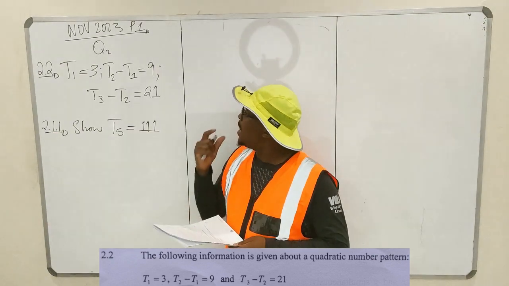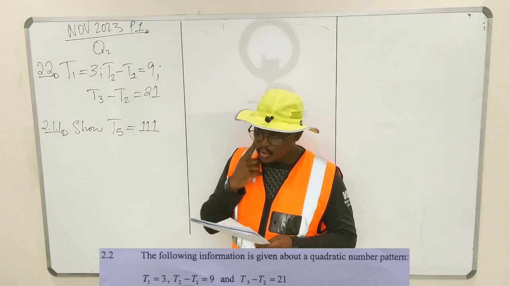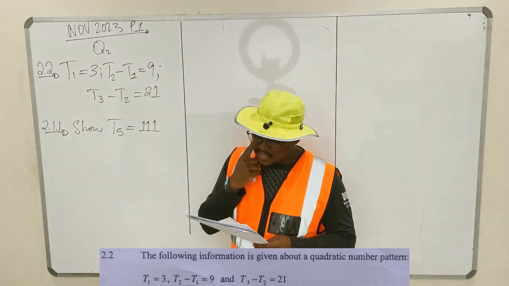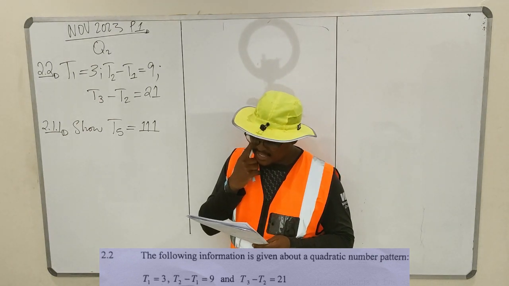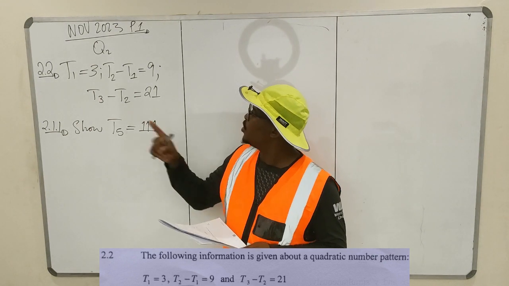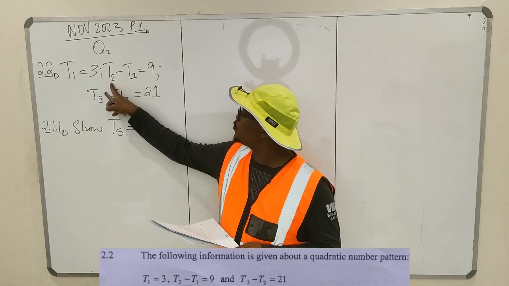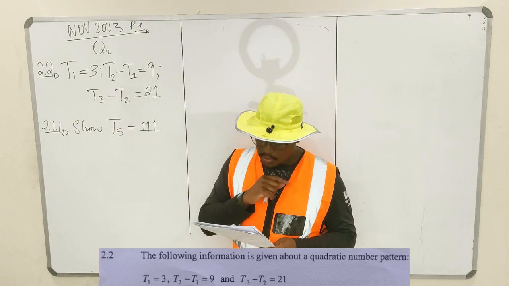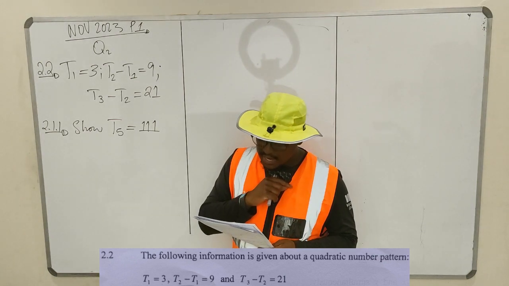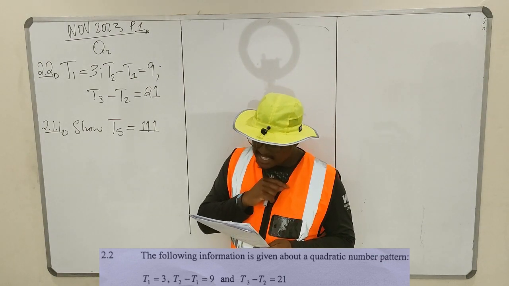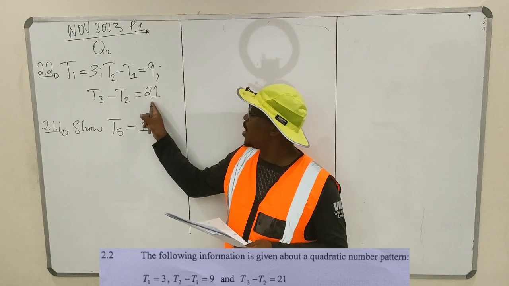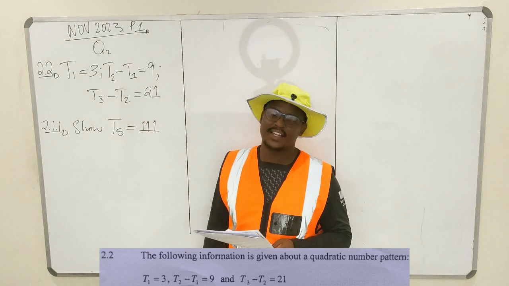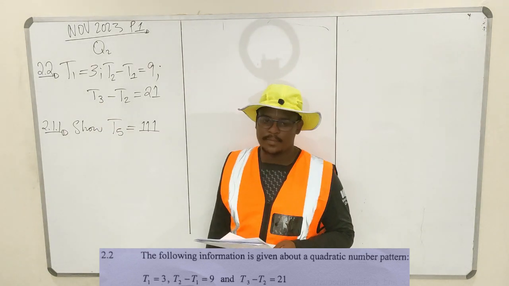You are told that the difference between the second term and the first term is 9, which is T2 minus T1 equals 9. And you're also told the difference between term 3 and term 2 is 21, which is the difference between the second and third term is 21.